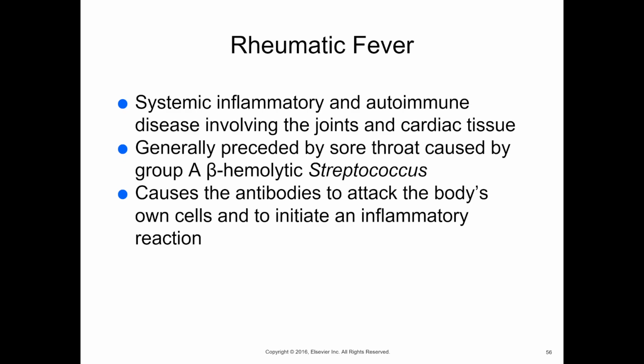So we kind of already talked about this briefly, but rheumatic fever is a leftover response to a strep infection, specifically your group A beta hemolytic strep, that causes the body to attack the heart tissue because the strep has an antigen that mimics the cardiac myosin protein.